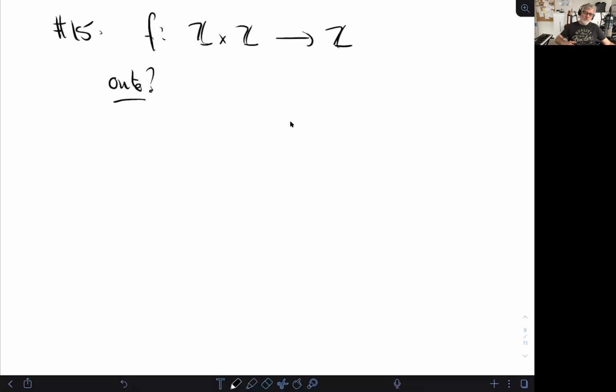So what does onto mean? It means that you're going to hit every possible integer as an output.